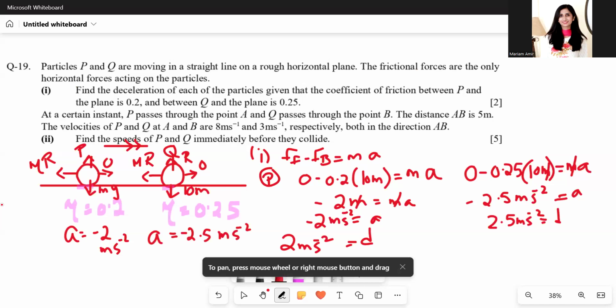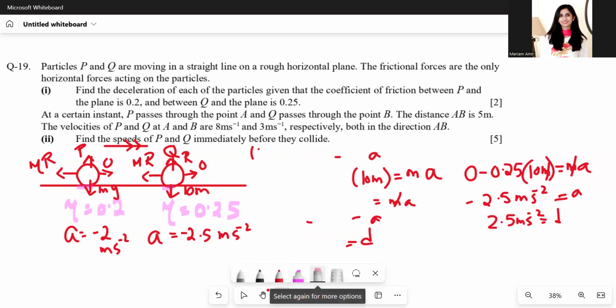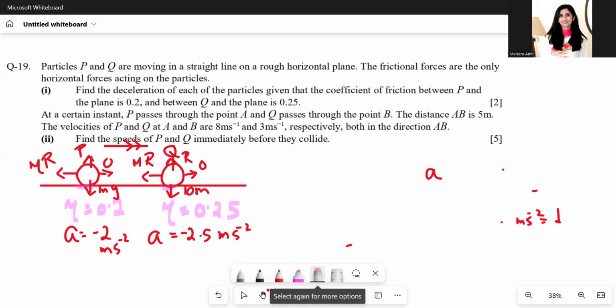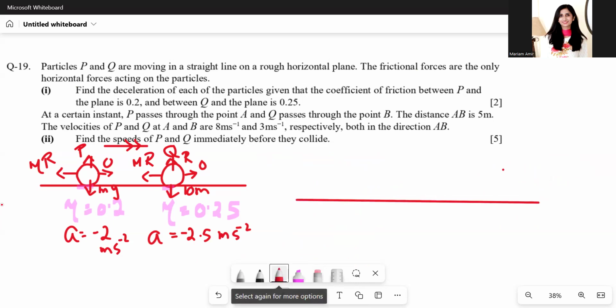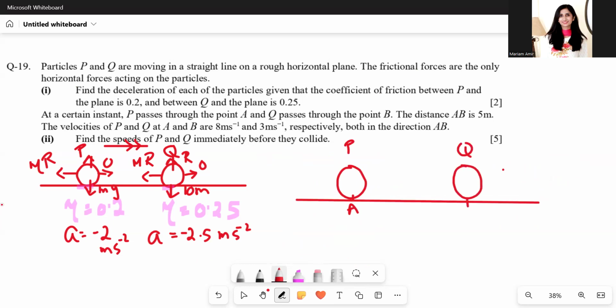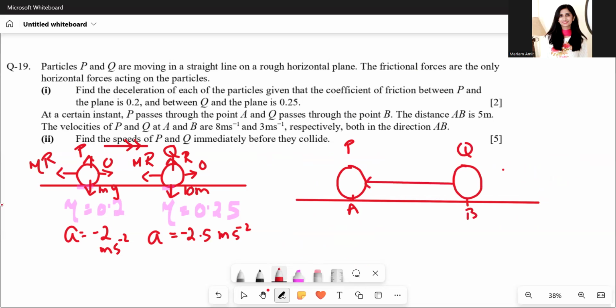First part is done. At a certain instant, P passes through A and Q passes through B, and the distance AB is 5 meters. Okay, let's draw this. At a certain instant, particle P passes through a point A, particle Q passes through a point B, and the distance between them is 5 meters.